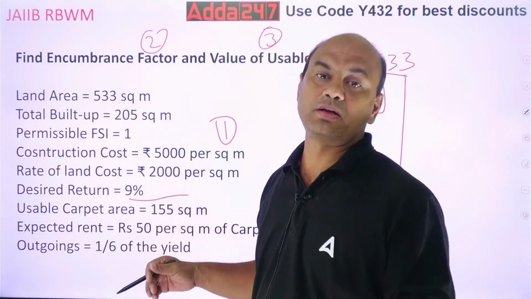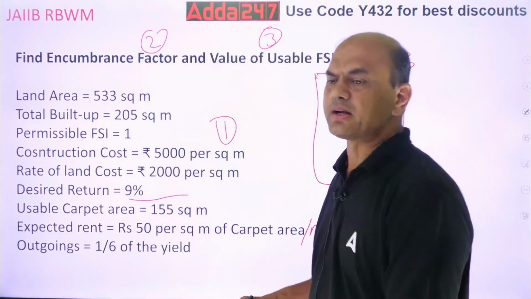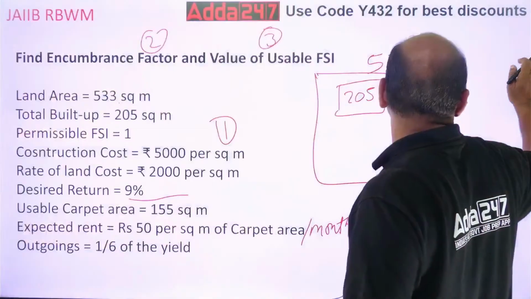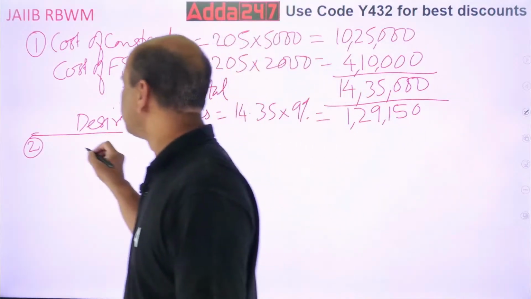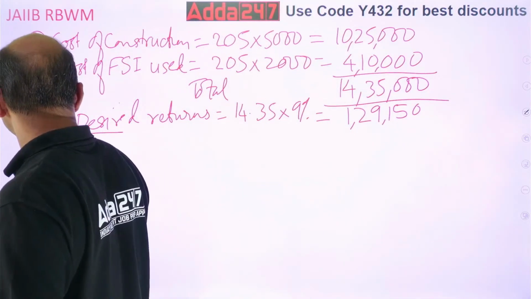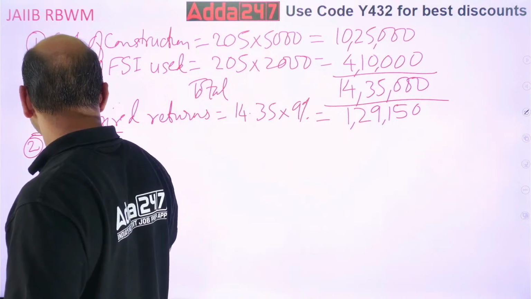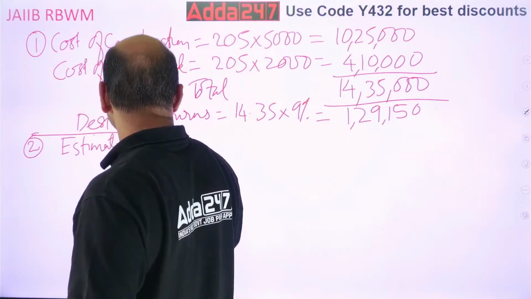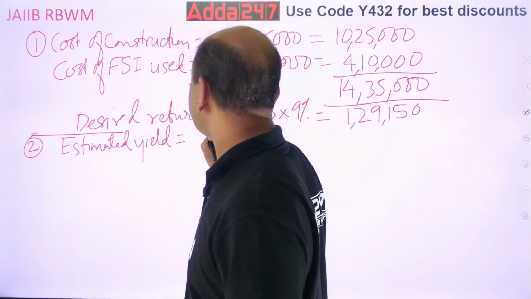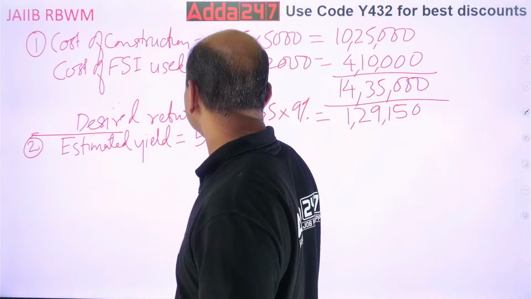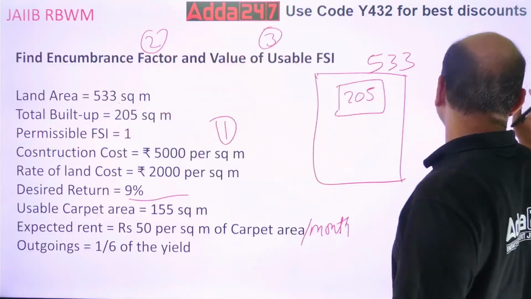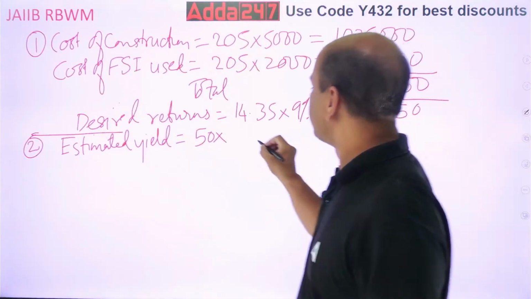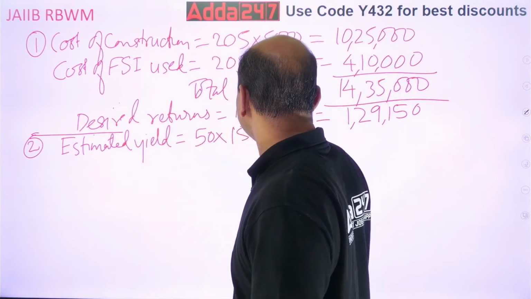So for 12 months, multiply this. So expected yield, estimated yield is what? Estimated yield means estimated returns. So estimated yield equals 50 into 155 into 12.